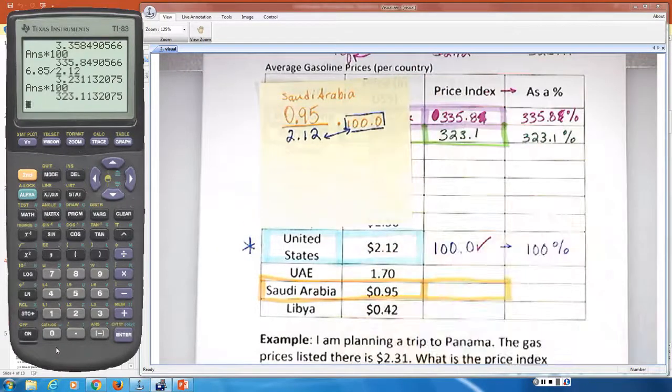Okay? So that means for Saudi Arabia, it's 0.95 divided by our money amount, $2.12, and then times 100. So Saudi Arabia's index is 44.8.